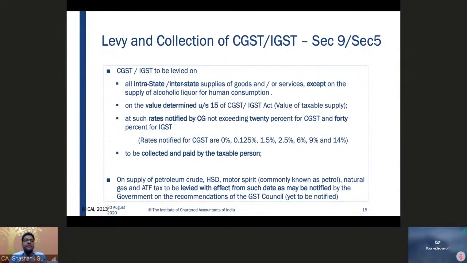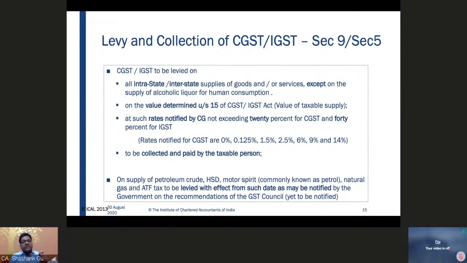So basically they have said that if we want, we can bring it up to 40%, but the maximum point till where tax is being levied presently under GST is this 28%. So 28% if it is IGST, and 14% CGST plus 14% SGST if it is an intrastate supply.